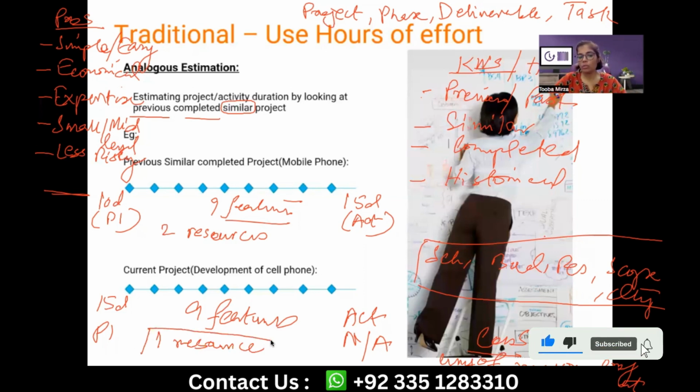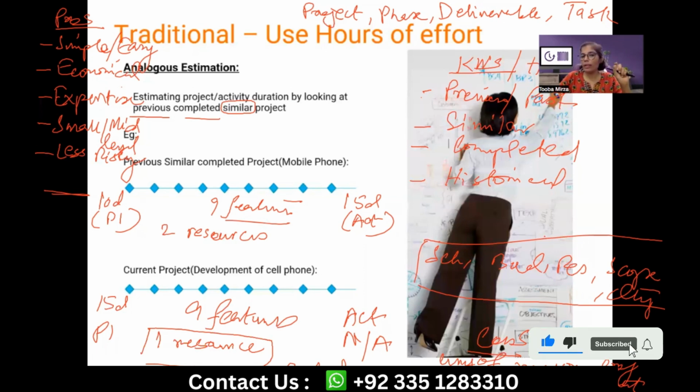On this ground, the analogous estimation has failed, because resource or budget is a very important constraint in any project or in any deliverable. And if that is not missing, but it's different, it's not analogous anymore.